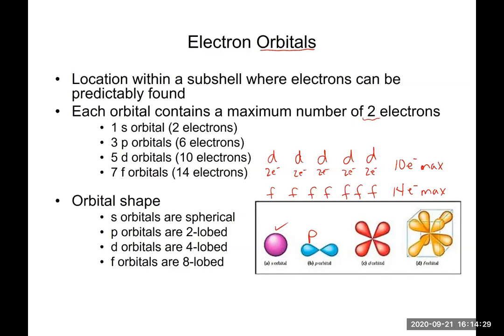The d orbitals, that's the orange one. It has orange or red, however you want to look at that color. It has 4 lobes. And then lastly, the f orbitals are 8-lobed. So it's like having 1 lobe going into each corner of a cube. The d orbital is like having 1 lobe going into each corner of a square.